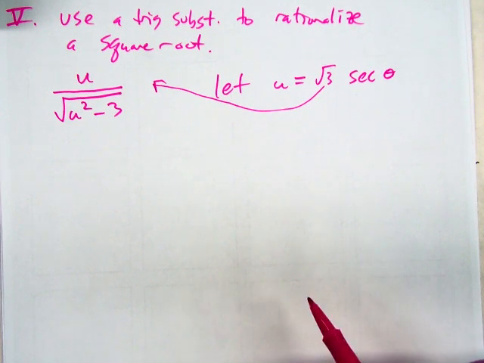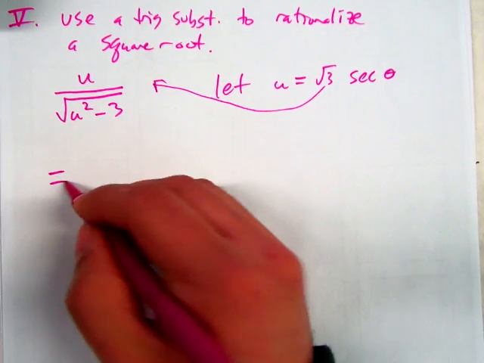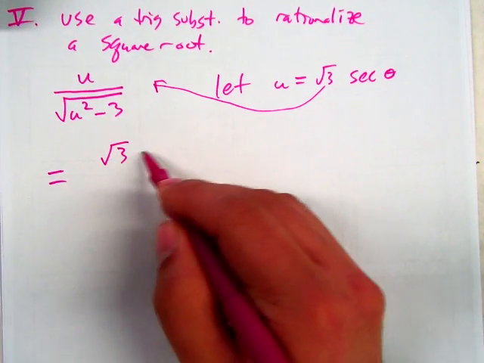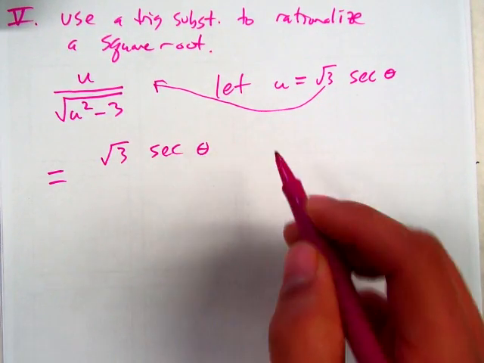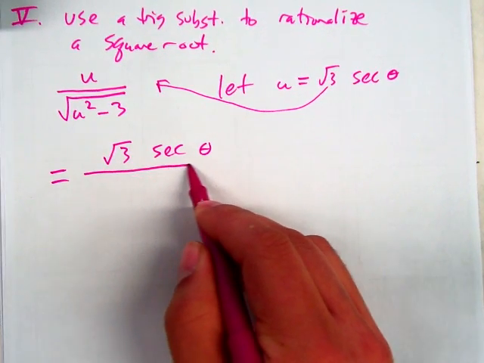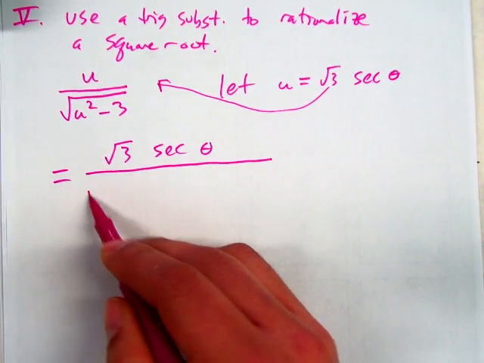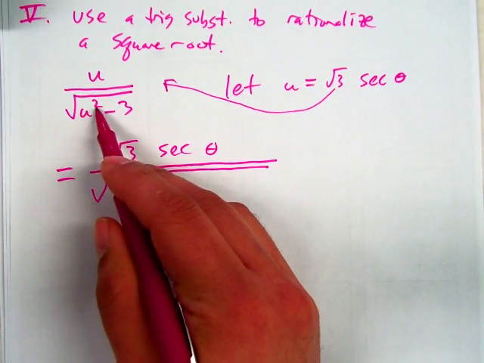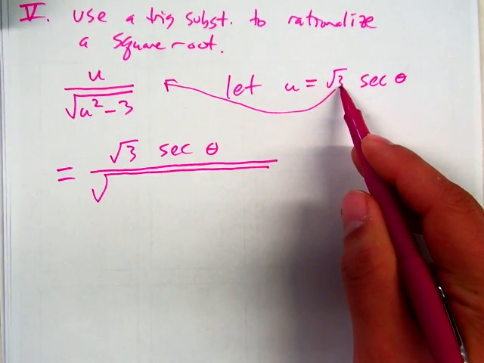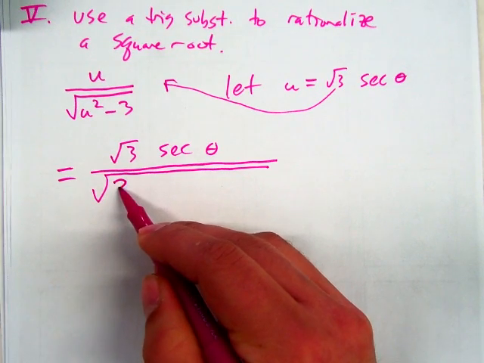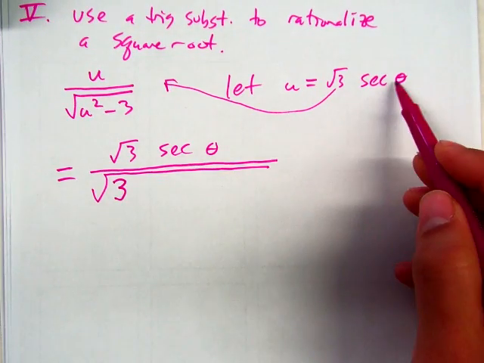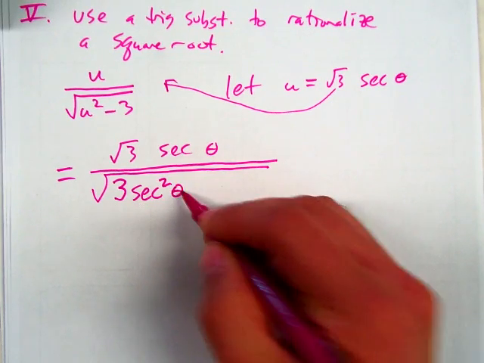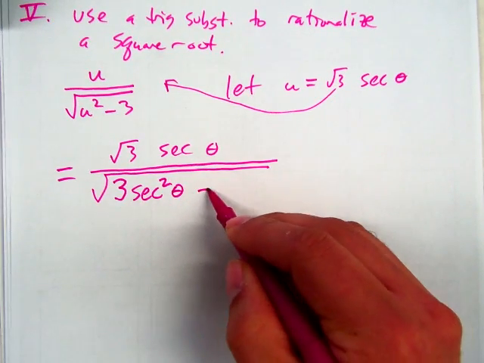Okay? So in the numerator, what do I get? Root 3 secant theta. In the denominator, if I plug in u squared, if I square the root 3, it becomes 3 secant squared theta, and then the minus 3 is still there.